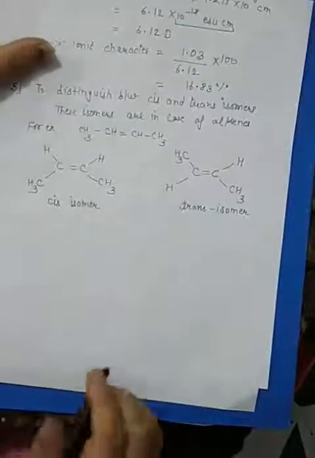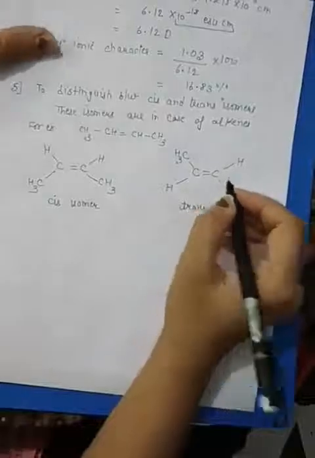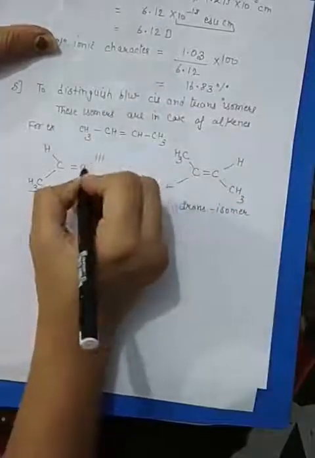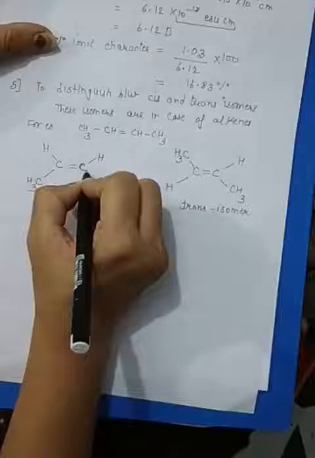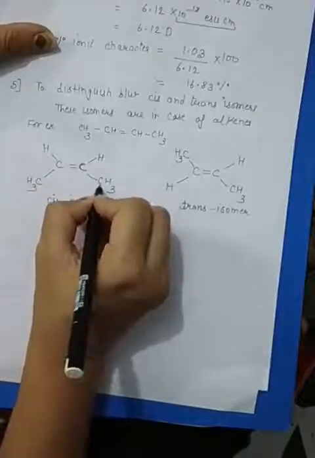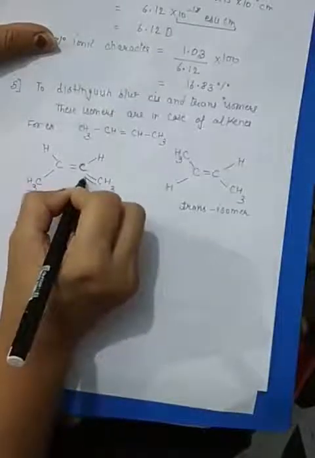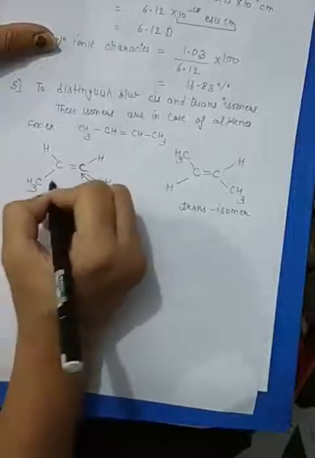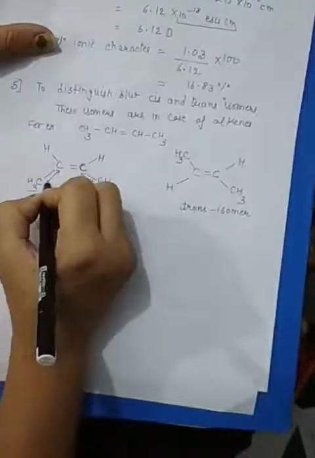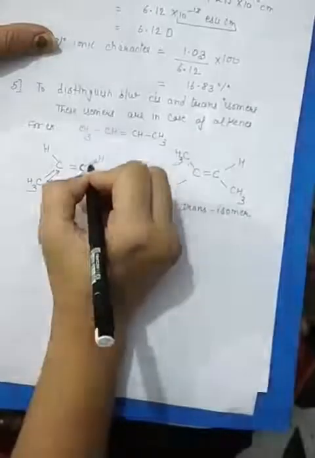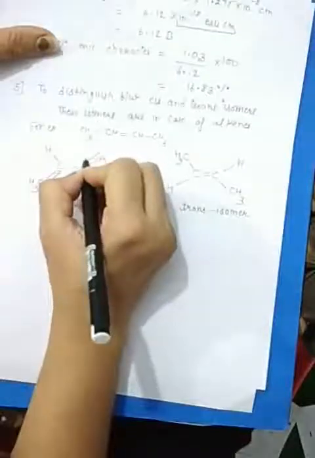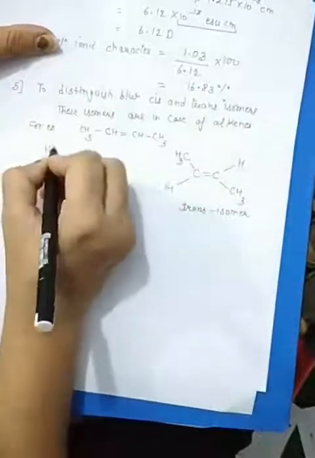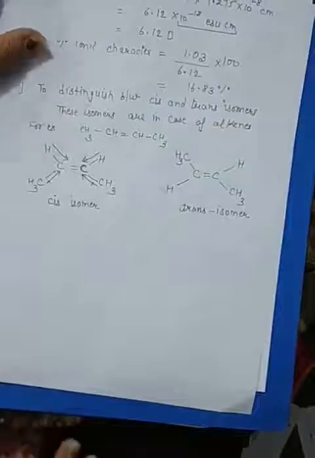isomer. So if we calculate their dipole moment, then first of all form the dipoles. So double bonded carbon is more electronegative than single bonded carbon, hence the direction of dipole is upper direction. And for this it is down.